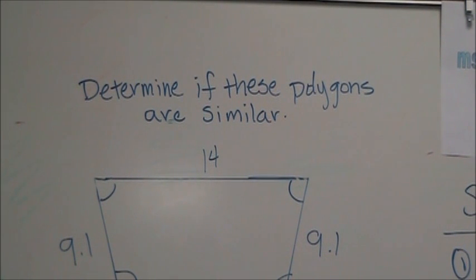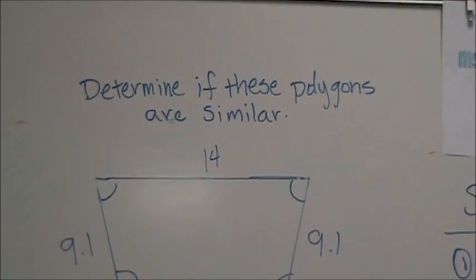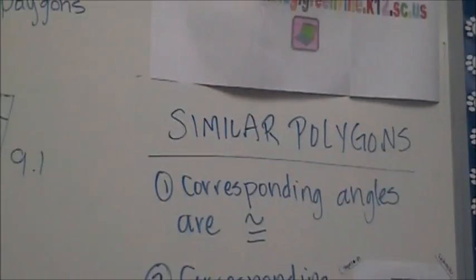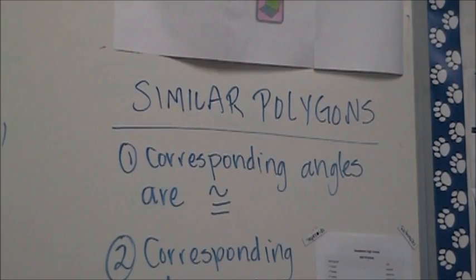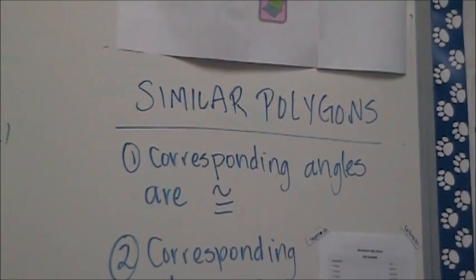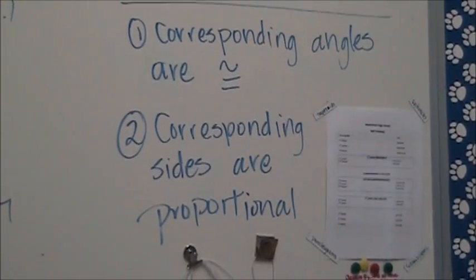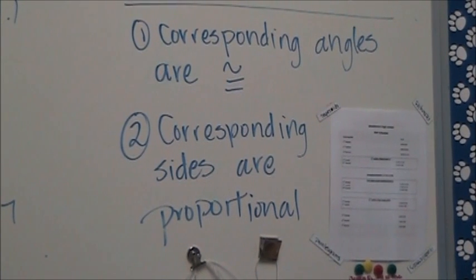Alright, in this video, I'm going to demonstrate for you how to determine if two polygons are similar. And so the thing you have to remember is that similar polygons have corresponding angles that are congruent and corresponding sides that are proportional.